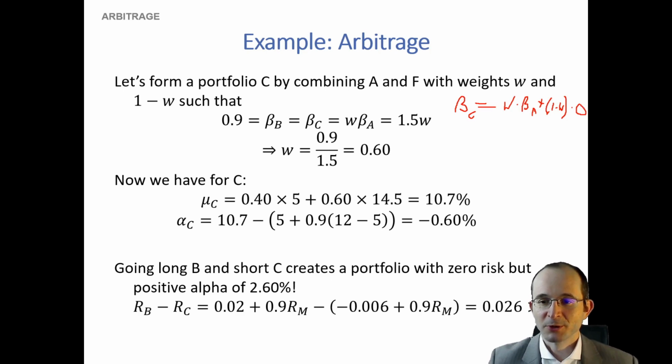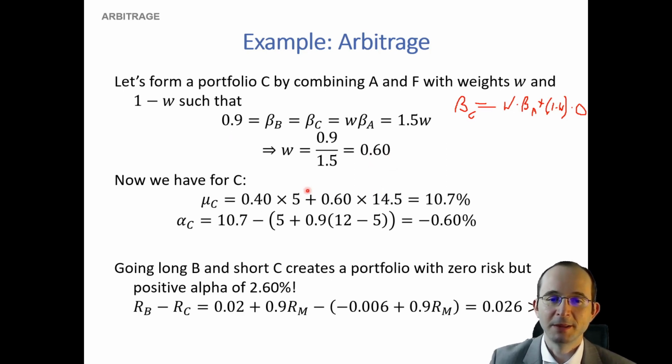So that means that we just want to solve this algebraic equation where W is going to be 0.9 over 1.5, or in other words, 1.5 W is equal to 0.9. And we see that W should equal 0.6.